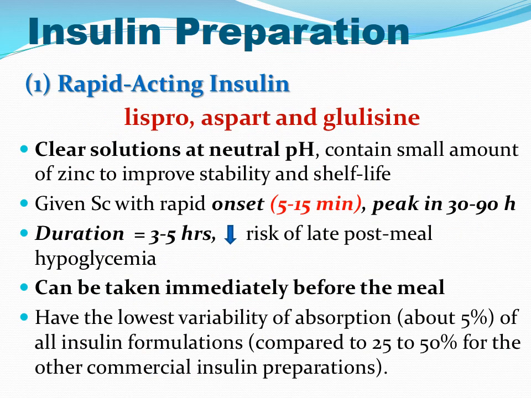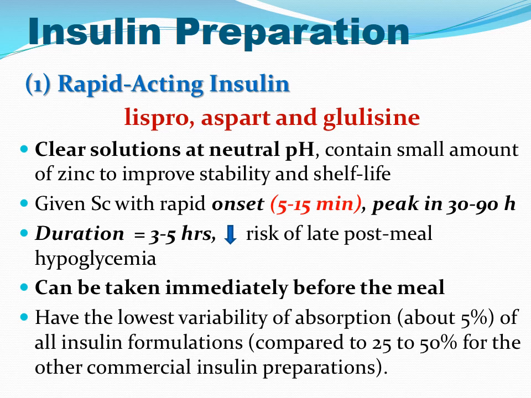The first group, rapid-acting insulins. These include insulin Lispro, Aspart, and Glulisine. Usually, these insulins are clear solutions at neutral pH and contain a small amount of zinc to improve stability and shelf life. Given subcutaneously, they have a rapid onset of about 5 to 15 minutes and a duration of action of 3 to 5 hours.